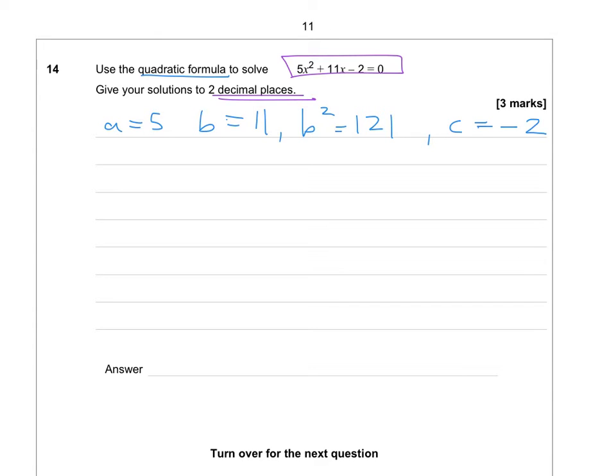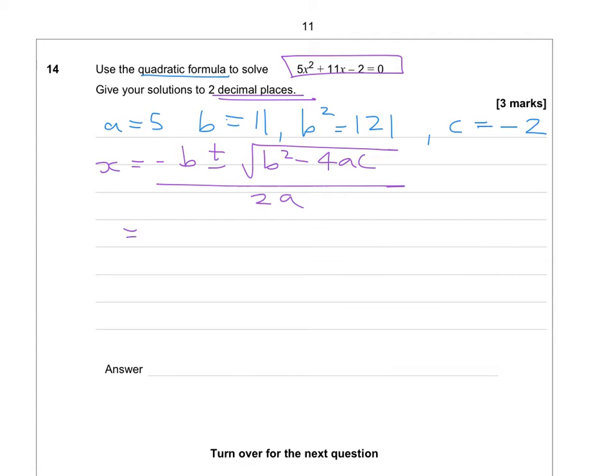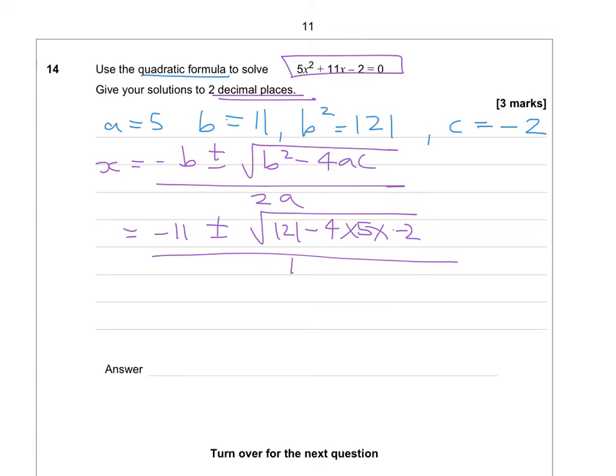We have to memorise the quadratic formula. x equals minus b plus or minus the square root of b squared minus 4ac, all divided by 2a. This gives us minus 11 plus or minus the square root of 121 minus 4 times 5 times -2, all divided by 10, which simplifies down to -11 plus or minus root 161 divided by 10.